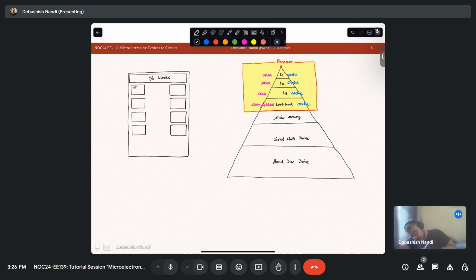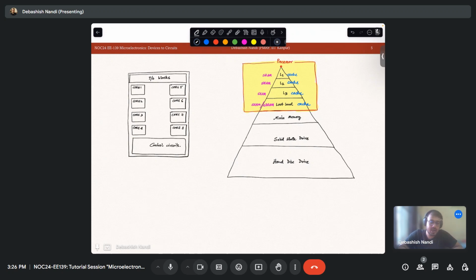So this is core 1, core 2, core 3, core 4, core 5, 6, 7, and 8. Okay. And what else should be there in the processor? Obviously, you need to have some control circuits. Okay.